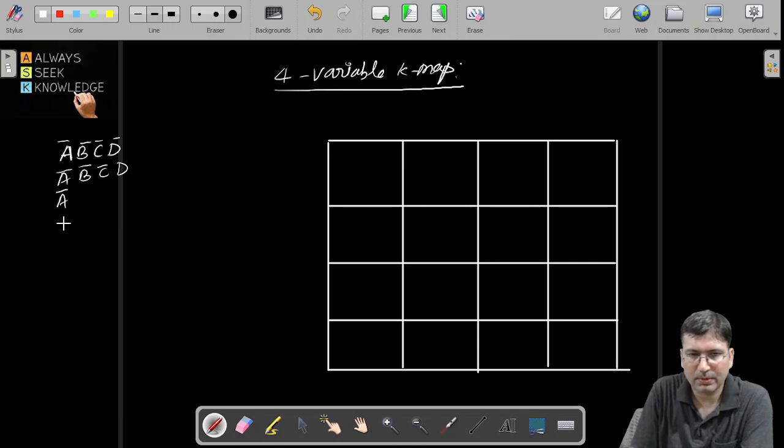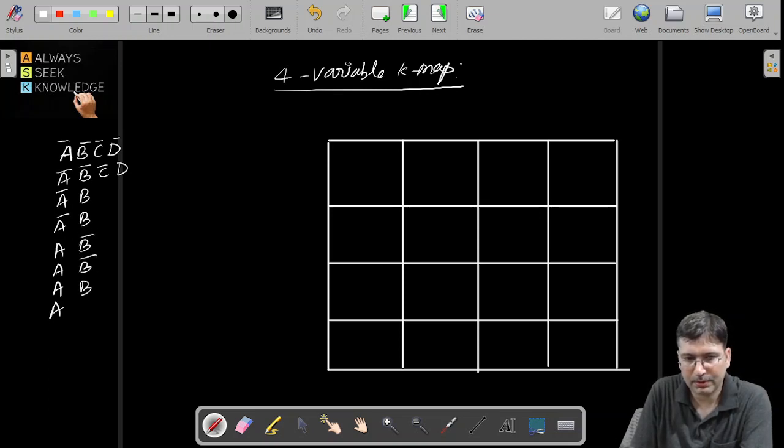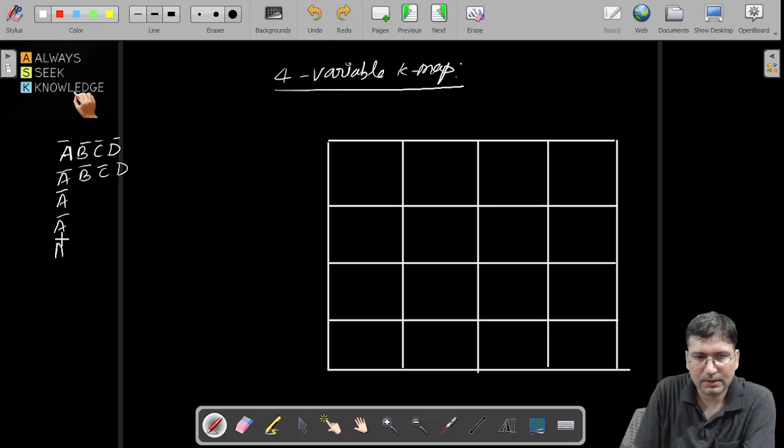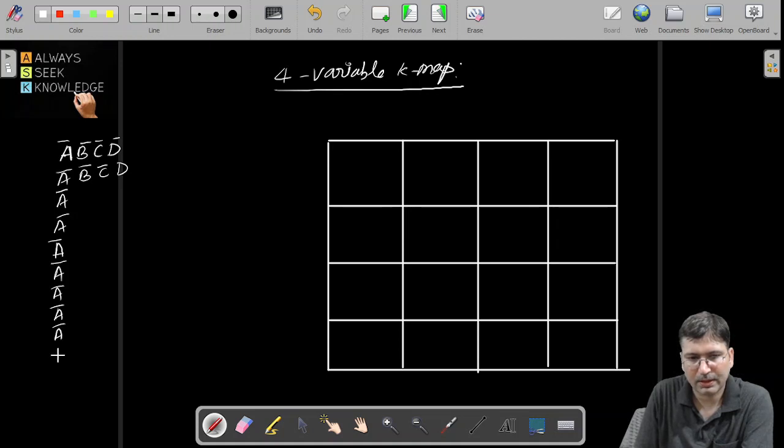So there will be 8 times A bar and then 8 times A.